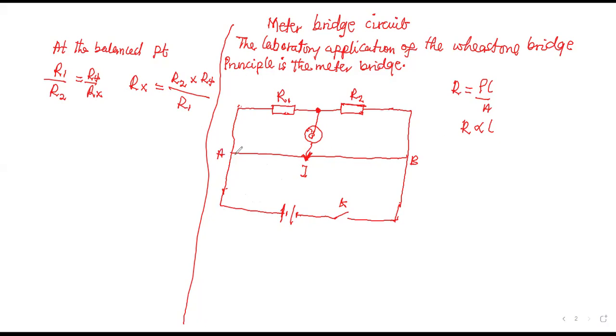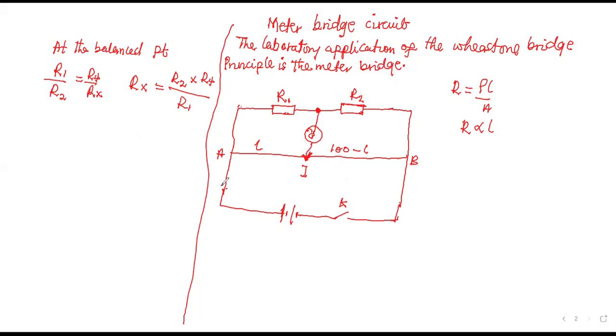And because the whole length is 100 centimeter, if you choose L, the remaining length will be 100 minus L. So L will introduce a certain resistance, which will compensate for maybe R4, and the remaining 100 minus L would also compensate for Rx. So in all, by varying the length of the wire, we more or less have the four resistances.